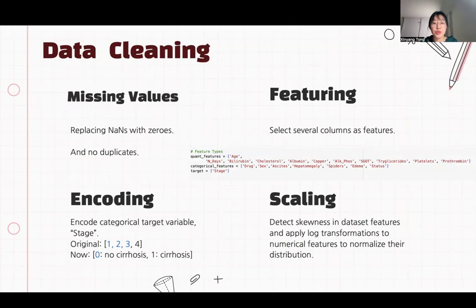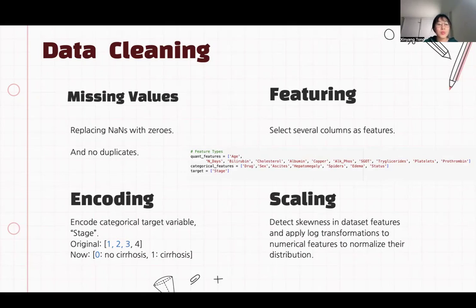Next, coming to the feature part, we select several columns as features, and we divide those 20 columns into quantitative features and categorical features. And our target feature is stage, which is for the classification.